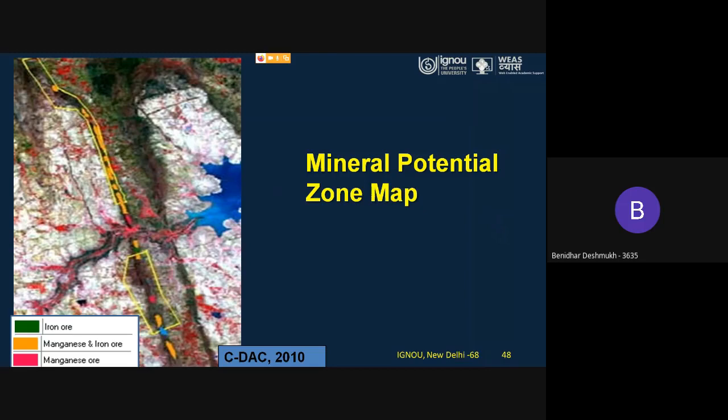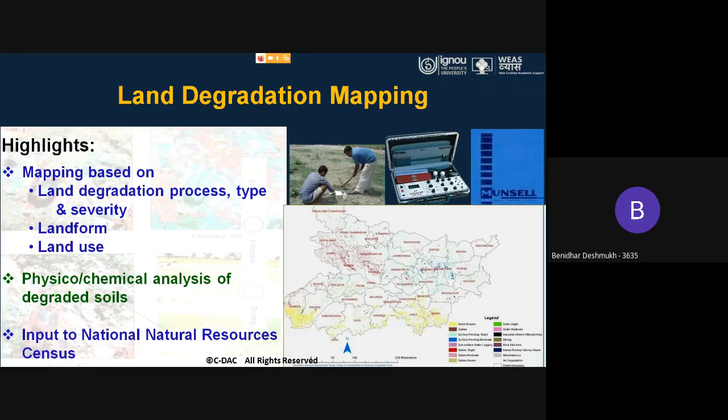Now coming to another example, the land degradation part. This was a part of a project from ISRO and RS-GIS, and in that there is a nationwide mapping of land use and cover, land degradation, geomorphology, and many other parameters that are mapped periodically.